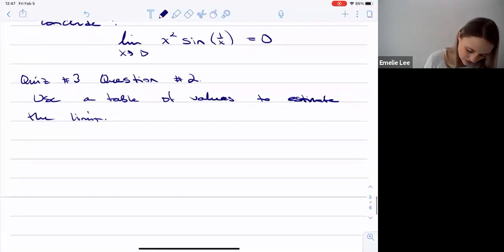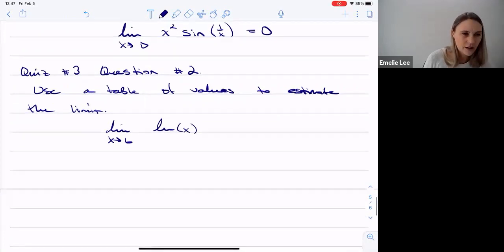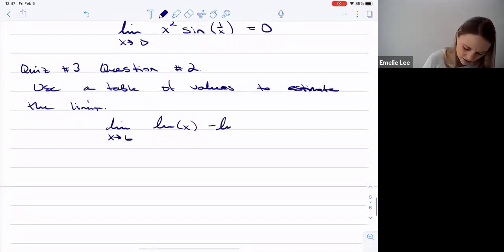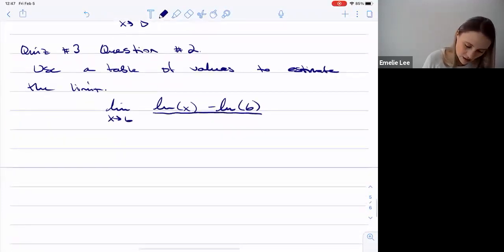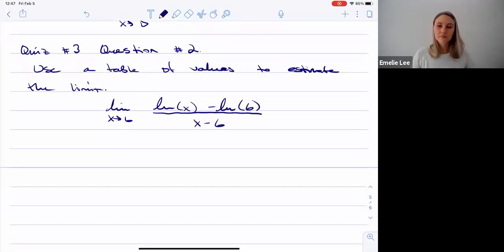If I want to know the limit as x goes to 6 of (ln x minus ln 6) over (x minus 6), I have the problem that if I just plug in x equals 6, I'm dividing by 0.